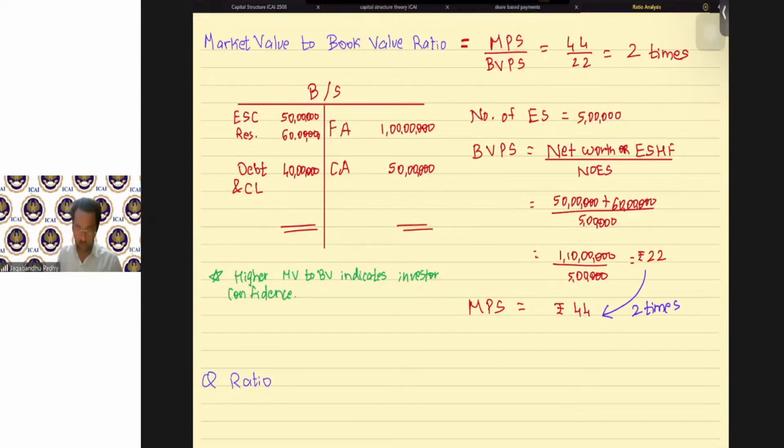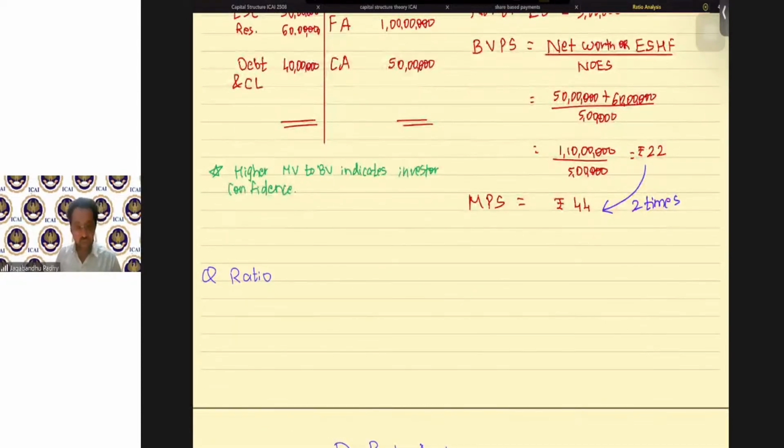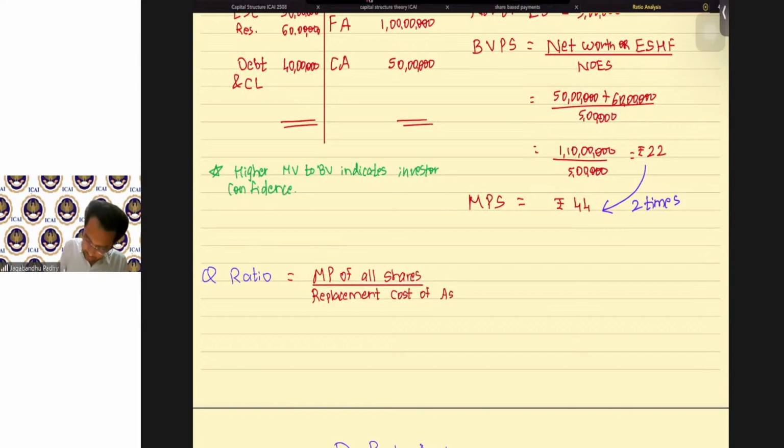Now, the next ratio, which is the Q ratio, is also on similar lines. It talks of something a bit different. The Q ratio is the market price of all shares divided by the replacement cost of assets.